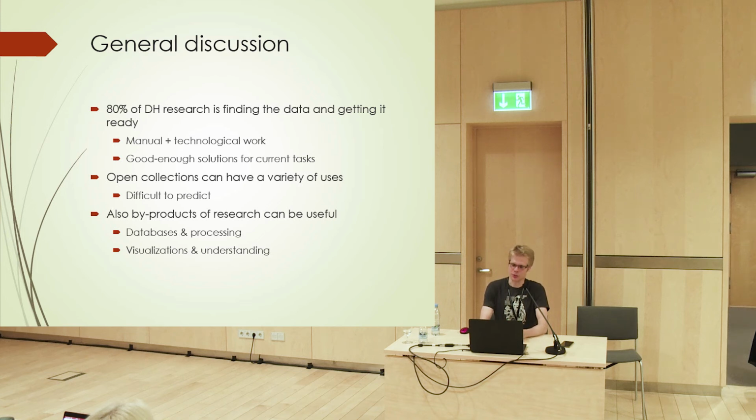So it includes a lot of manual and technological work. And in my case, and I think it's also the norm, you can simply use good enough solutions that work at the time, but that aren't maybe the cleanest, but they work, and it's fine. Maybe, let's say 5-10 years in the future, we have nice databases that don't need this work, but currently you need to expect some of this.